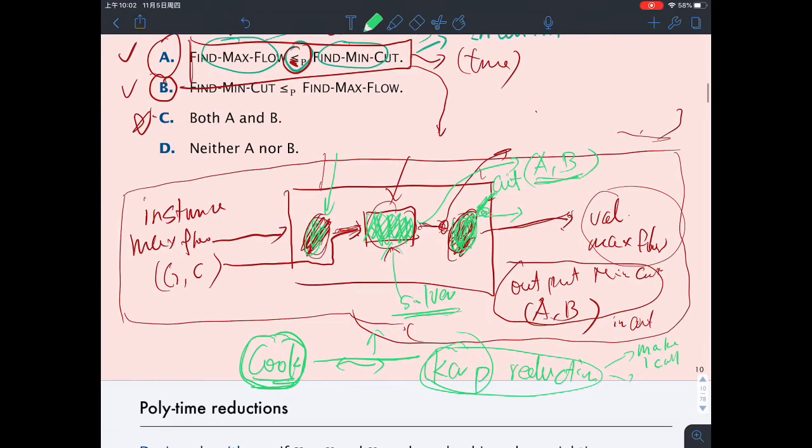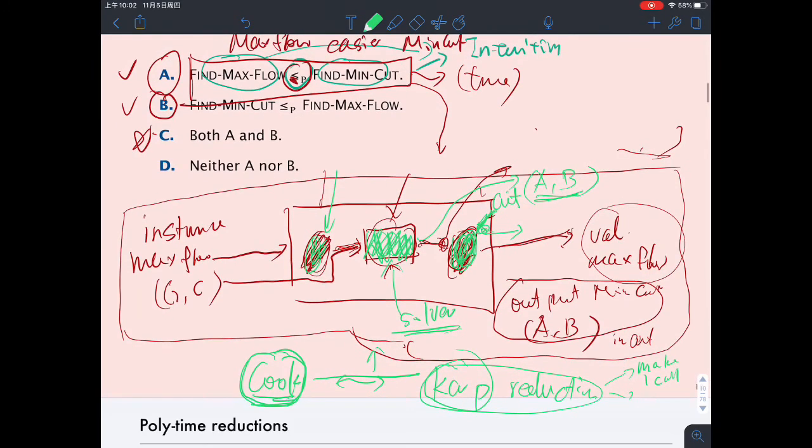The idea is that if I have to make a polynomial number of calls, more than one call to the solver, then maybe it's also a sign that the original problem is quite difficult. Let me elaborate on this idea. Let's say we have x less than or equal to y, and in order to solve x, I need to make a polynomial number of calls to the solver of y.